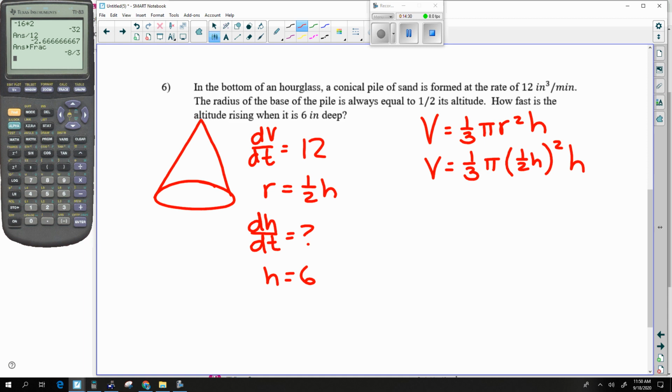And so this is multiplied in, that's 1/4, so this is 1/12 pi h to the third. All right, so the derivative, dV/dt, is 1/12 pi multiplied by 3 h squared dh/dt.